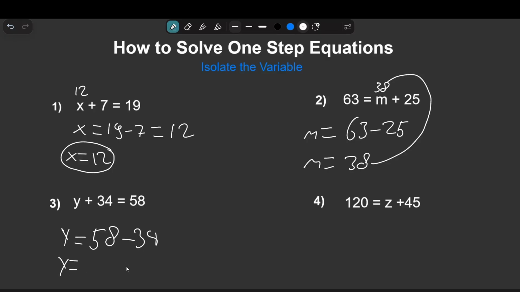This will give us 24, so our y should be 24. Now we plug in the value of y to see if it is the correct answer. 24 plus 34 equals 58, and now we know that 24 is our correct answer of the third equation.